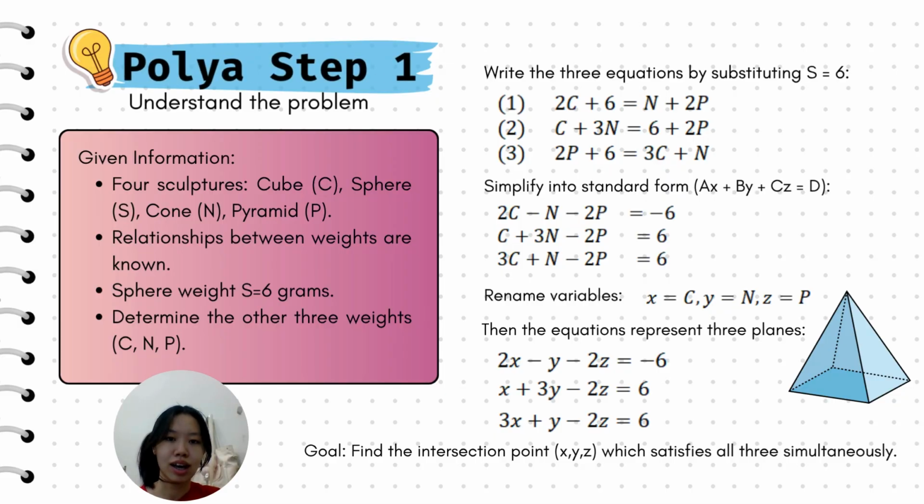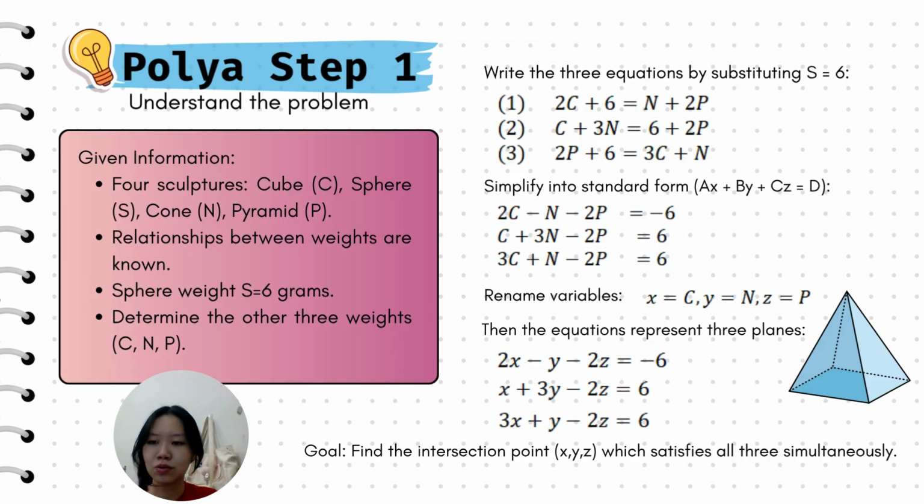Polya Step 1. Understand the problem. The non-routine problem involves determining the weights of 4 sculptures: a cube, a sphere, a cone, and a pyramid. The relationships between weights are known, since the art teacher balanced them in different combinations, giving 3 equations: 2c plus s equals n plus 2p, c plus 3n equals s plus 2p, and 2p plus s equals 3c plus n.